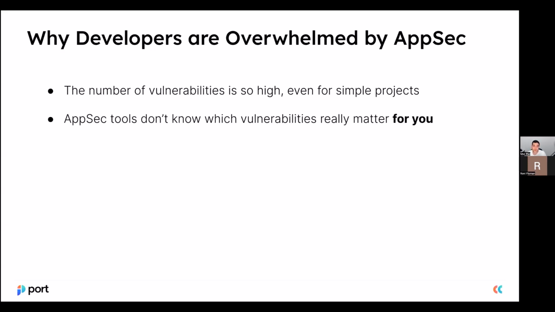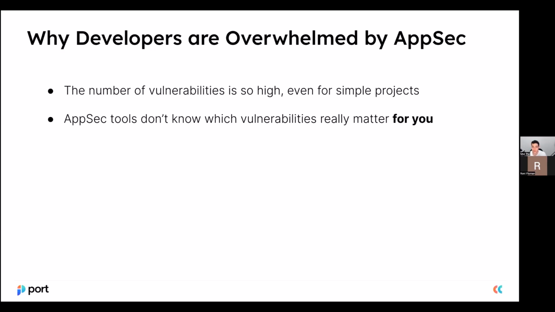Next, application security tools don't know which vulnerabilities really matter for you. They usually don't have the correct context to understand, okay, is this critical vulnerability in this super important library something that is critical and can actually be used by an attacker. For example, if this service is just some internal documentation, it's quite unlikely that it can be used as an attack vector.